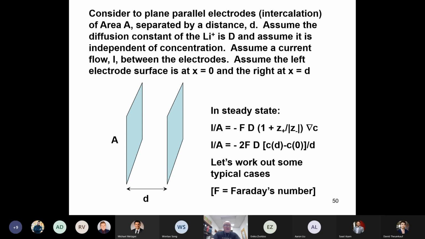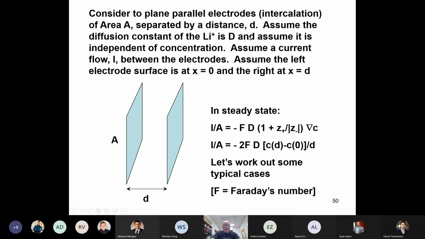Diffusion doesn't take place unless you have a region of high concentration and a region of low concentration. Things move from high concentration to low concentration. And in addition, you can have electric field assisted motion because the carriers are charged.